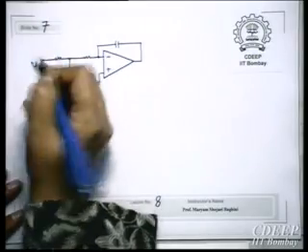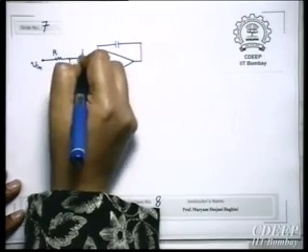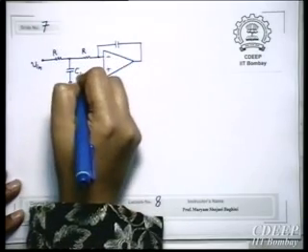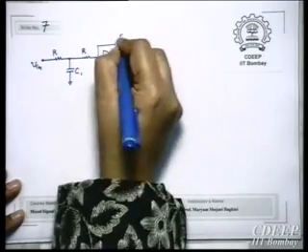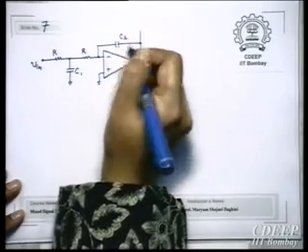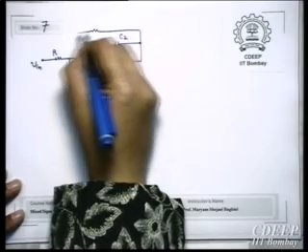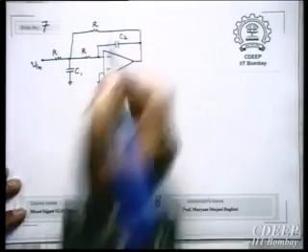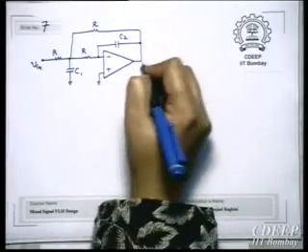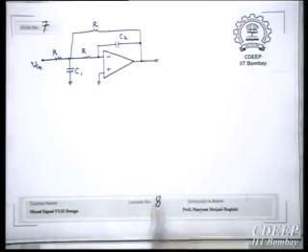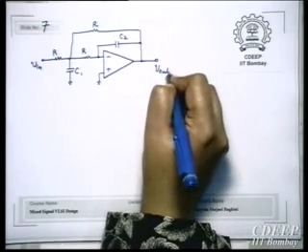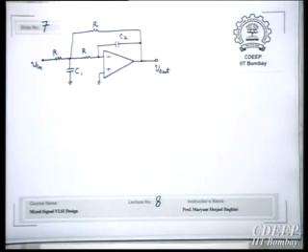V in, R, C1, C2, R, V out. This was a low pass filter. Okay, and Q was the ratio of capacitors.